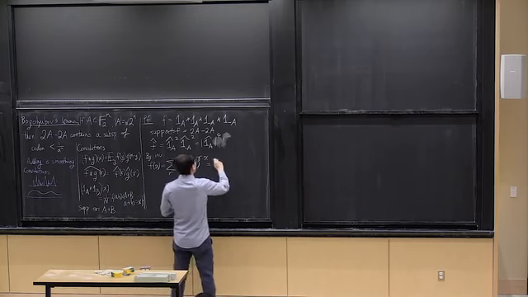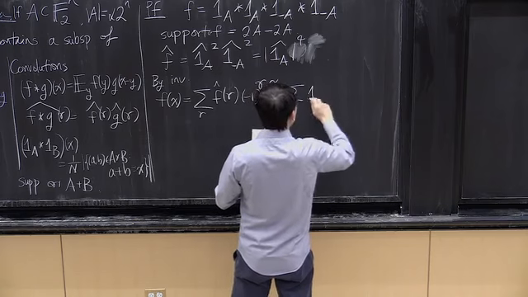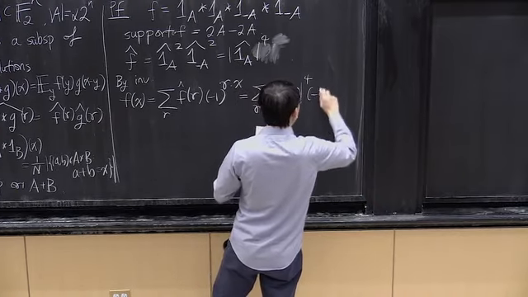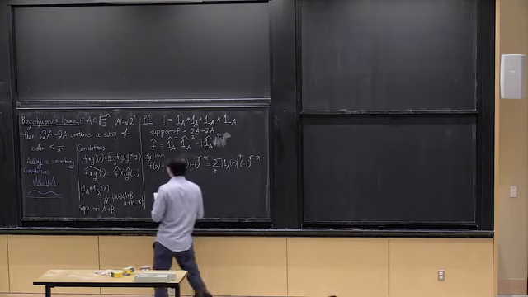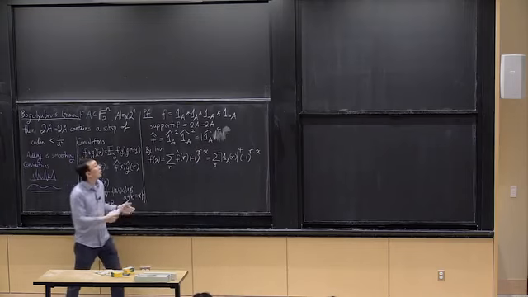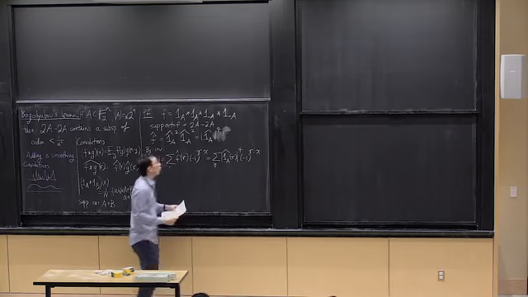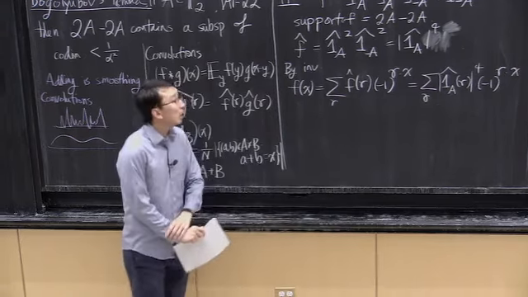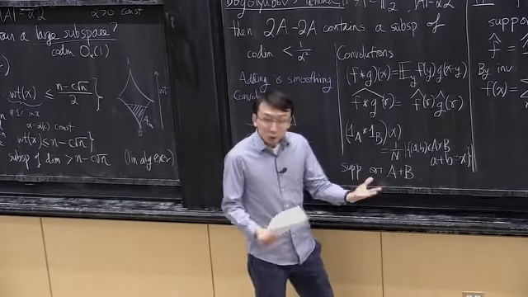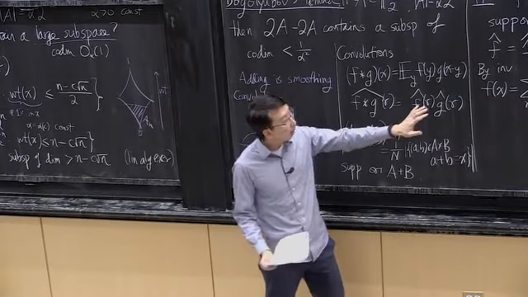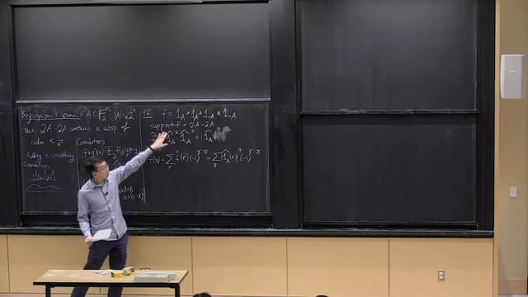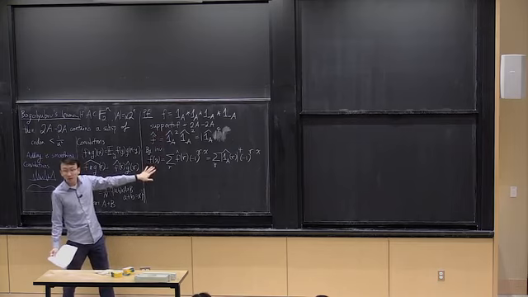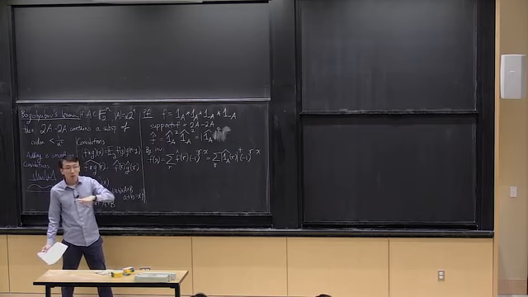And so we have the following formula for the value of f in terms of the Fourier transform of the original set. We want to show that f, whose support is the 2A minus 2A we're interested in, has support that contains a large subspace.